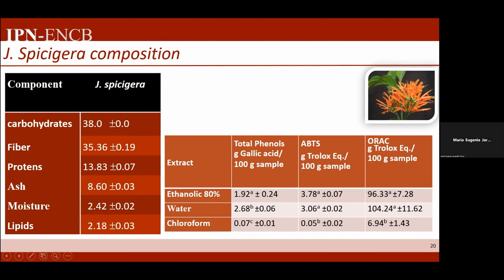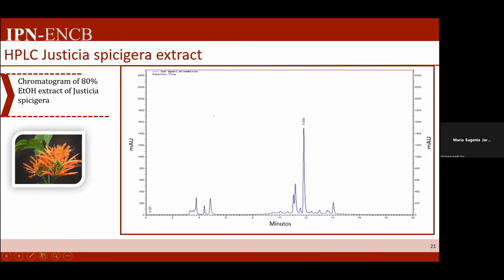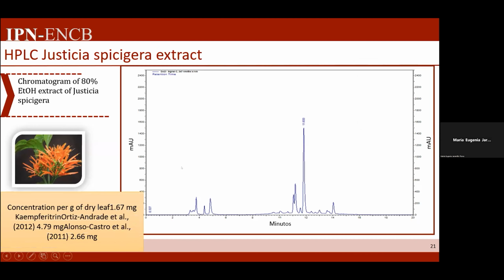The main antioxidant activity was detected by ORAC because this is a very sensitive antioxidant method. We found the main compound, kaempferitrin, in Justicia spicigera in the ethanolic extract, with a concentration of about 1.67, very similar to the previous study by Ortiz-Andrade et al.